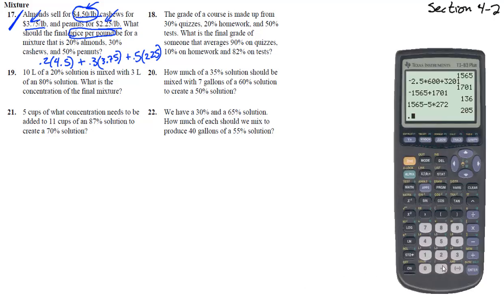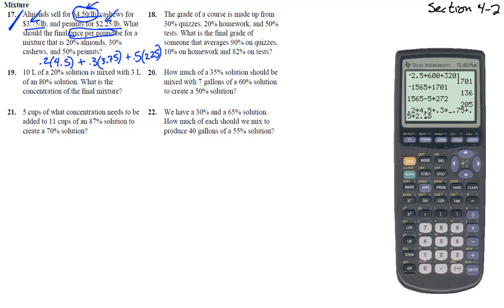So we get 0.2 times 4.5, plus 0.3 times 3.75, and 50%, 0.5 times 2.25. Ooh, we forgot a little multiplication symbol in there. That would have messed stuff up.